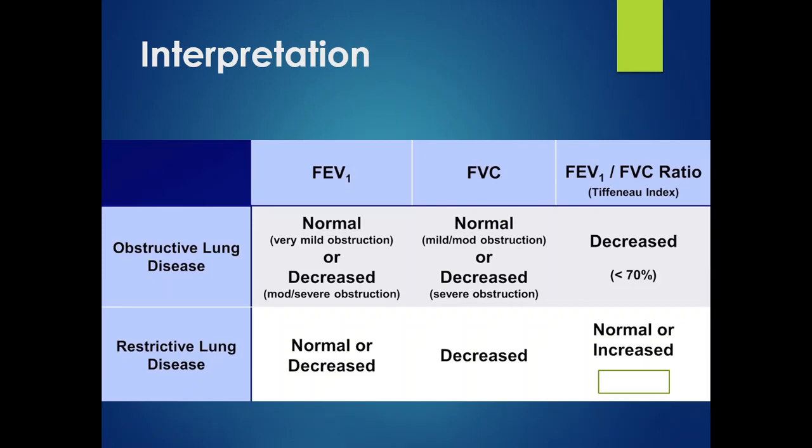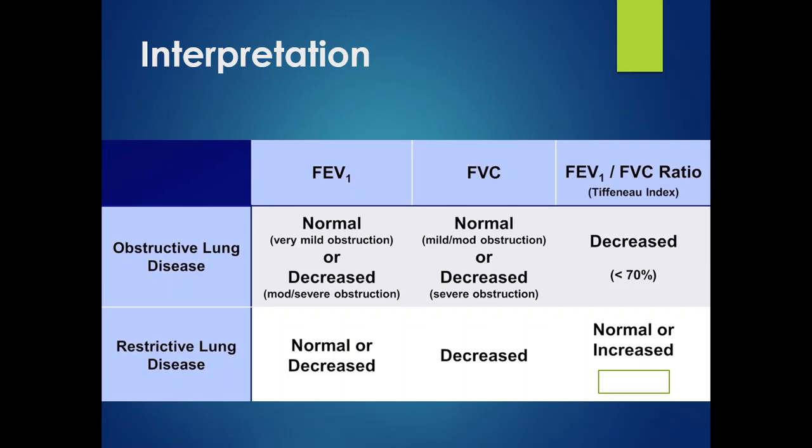So when we interpret obstructive lung disease, the FEV1 FVC ratio is less than 70 or 80% by other criteria, the FEV1 is decreased, and the FVC is decreased in severe obstruction.